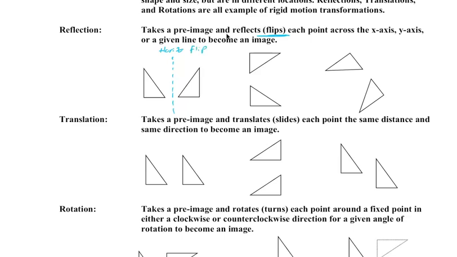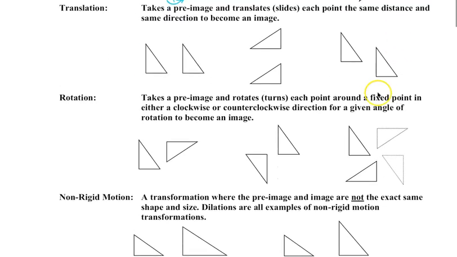We're going to flip this horizontally, across the y-axis, and you go from here to here. You can also flip it vertically, or you can flip it across any line like this. So that's a reflection. You flip it across the line.